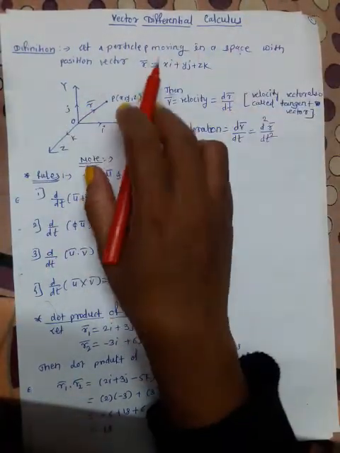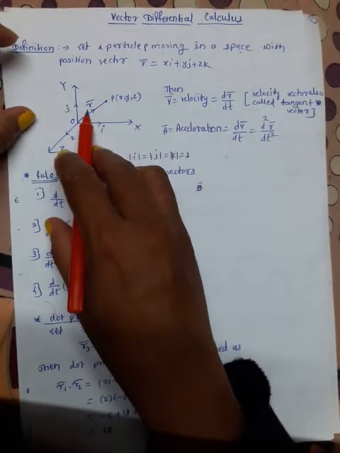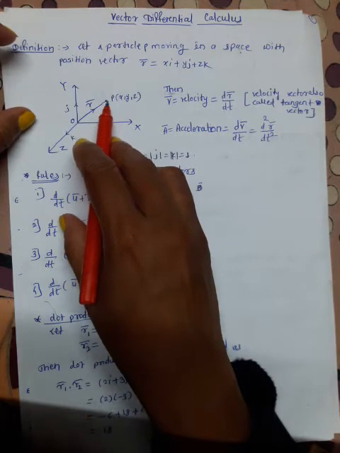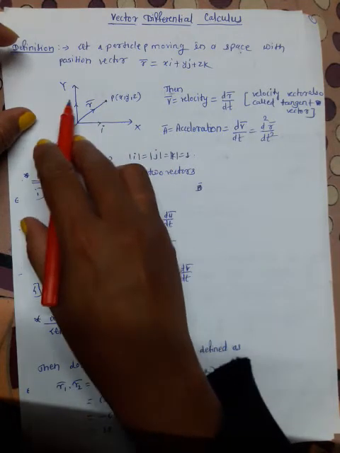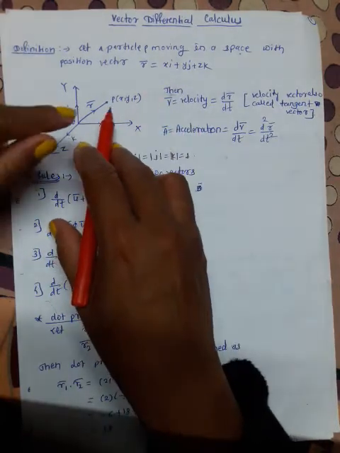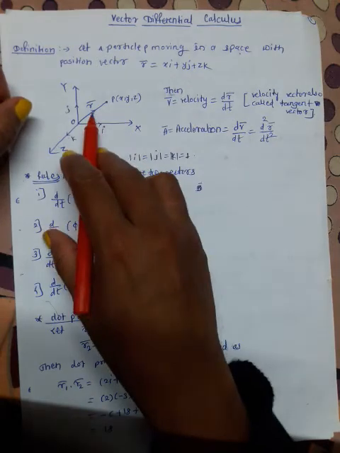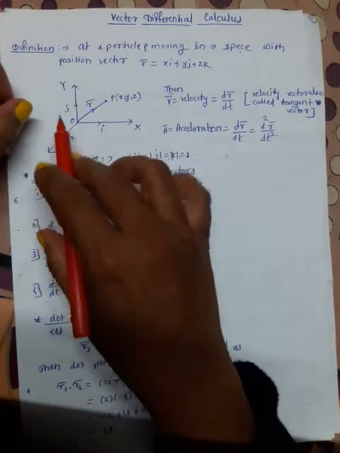Suppose P is a particle moving in a space with position vector r bar. If you draw perpendiculars to the x, y and z axes, you will get the position of that particular point. That's why this vector is called the position vector of this point in a space.